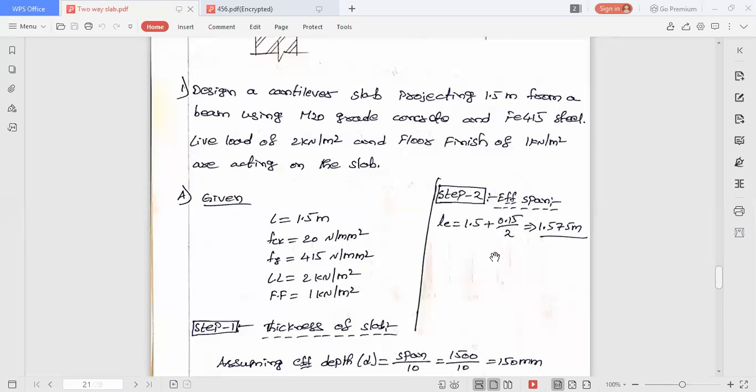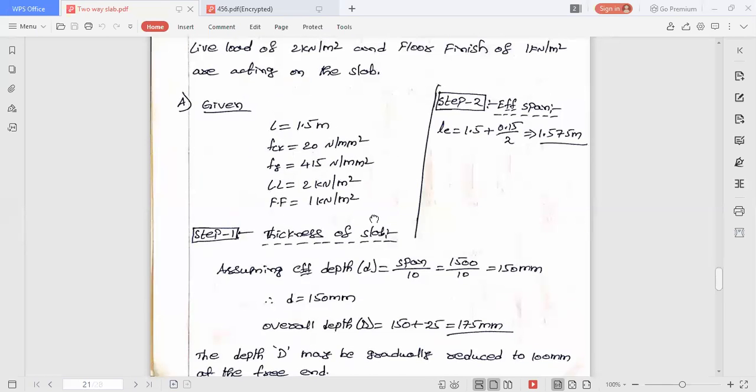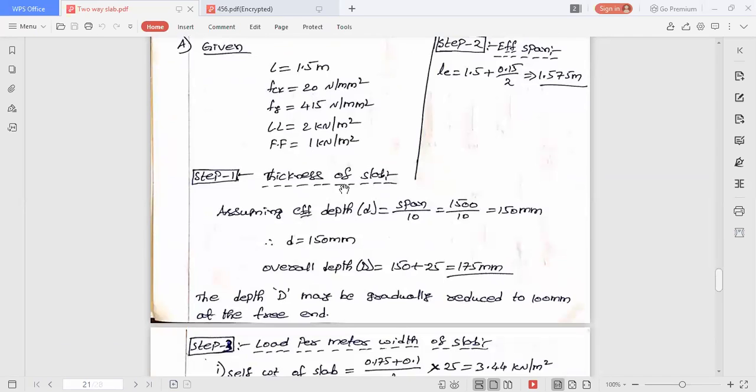And you just write all the given details first. Later on, the first assumption is thickness of slab. And we have studied that the range for simply supported slab, what we have taken is L by 25 to L by 30, right? We have taken L by 28 for many problems. This range for cantilever is L by 10, span by 10. You just remember this.